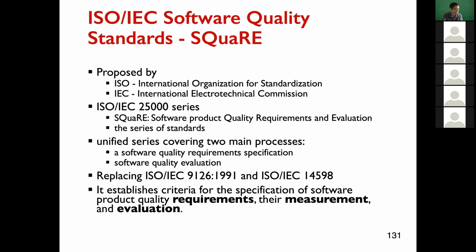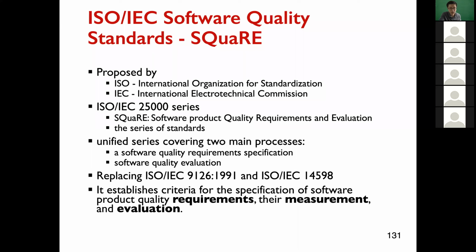First, this series of standards is proposed by ISO and IEC, the International Organization for Standardization and the International Electrotechnical Commission. These standards are known as SQuaRE, which is software product quality requirements and evaluation.